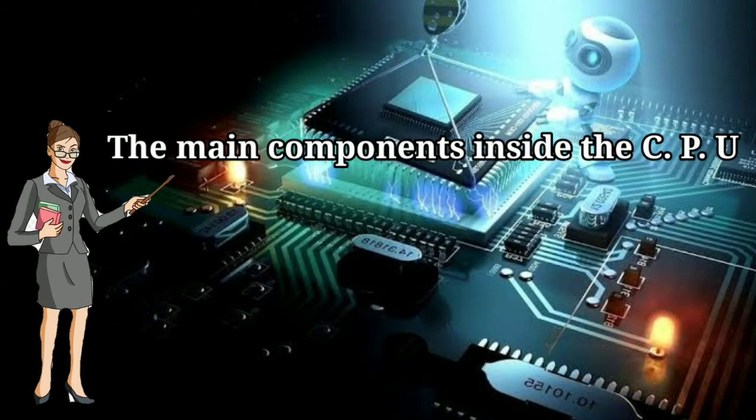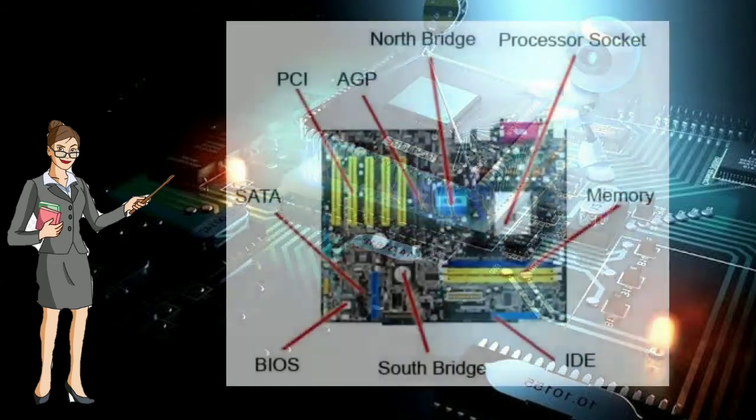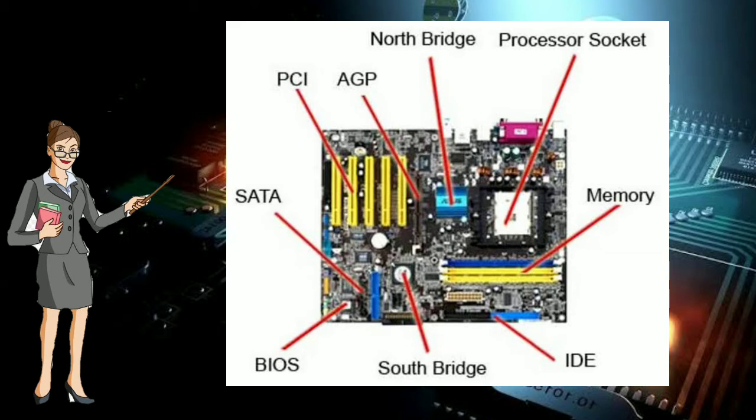The main components inside the CPU are as follows. First, motherboard. What is the use of motherboard? The motherboard or mainboard is the backbone of the computer.